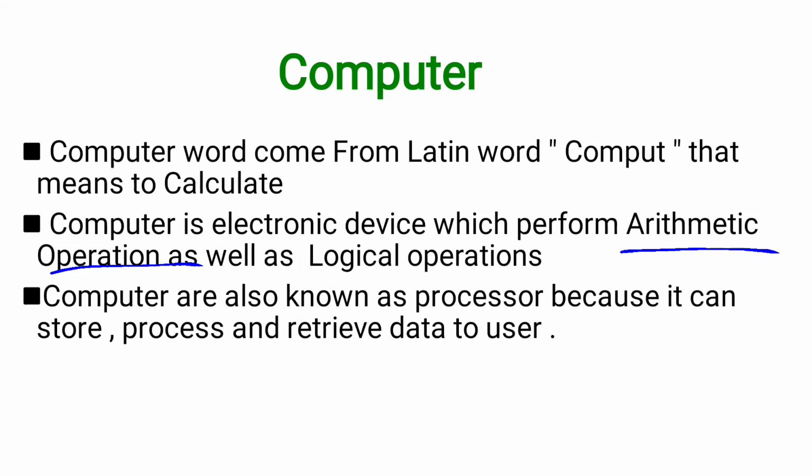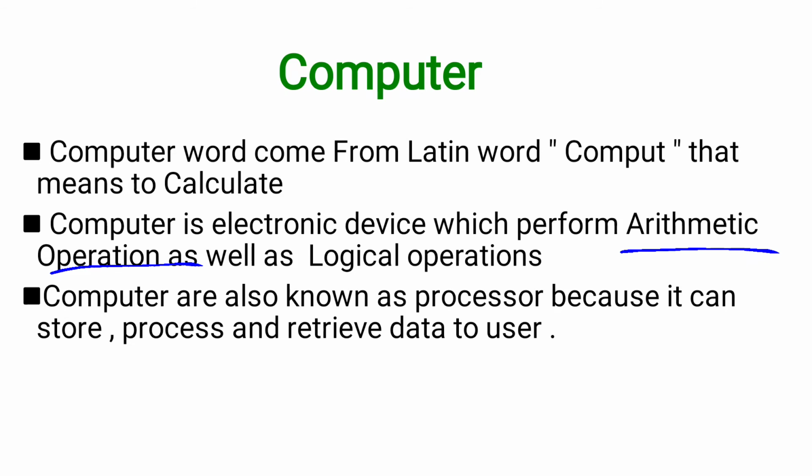The remaining tasks, which are not applied in mathematics, are done by logical operations. Is that clear? So these are the two different types of operations performed by the computer system.